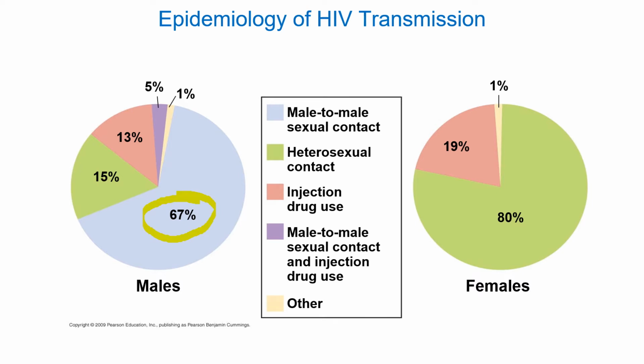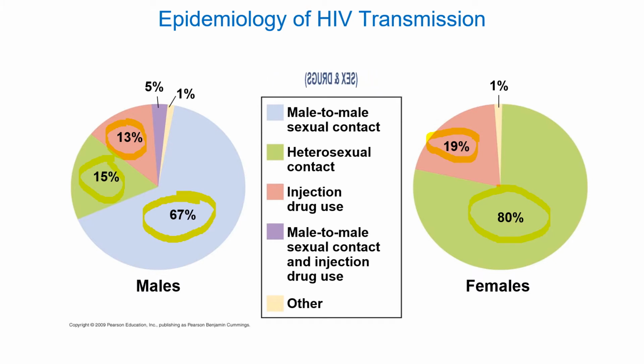The other big parts, of course, are 15% heterosexual contact and 13% injection drug use. The other uses are the minority. In females, over 80% of the transmission is heterosexual contact and 19% is injection drug use.